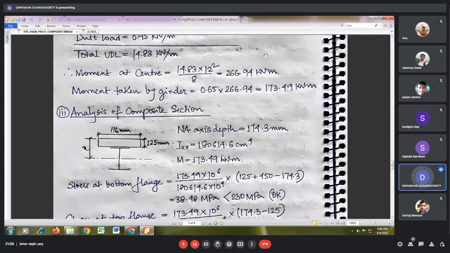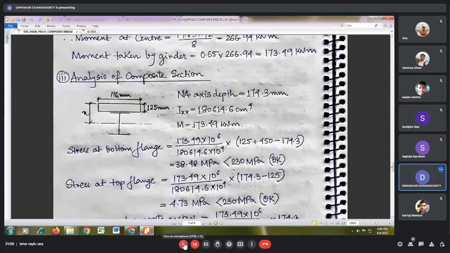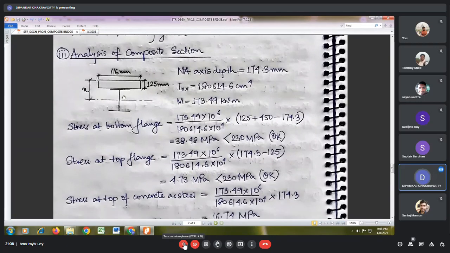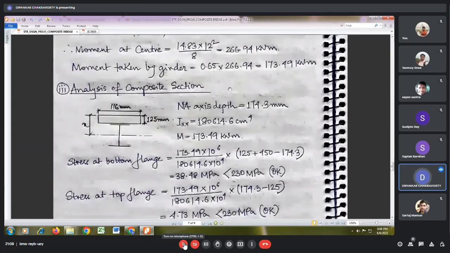This is the additional moment 266. এইটা নিয়ে কাজ করতে হবে. এটা করো, করলে যা ভ্যালু আসে আর কি, তাকে তুমি the stresses in steel should be kept intact, and the stress in concrete should be divided by M, and the moment will be this part, because moment taken by girder 0.65%, we assume only for section choice, not for actual calculation.